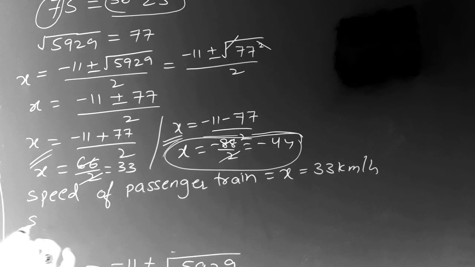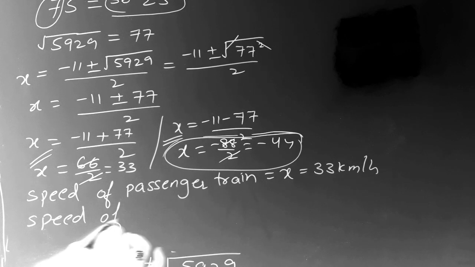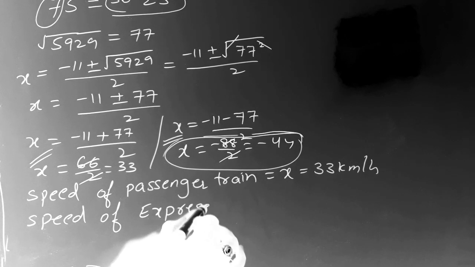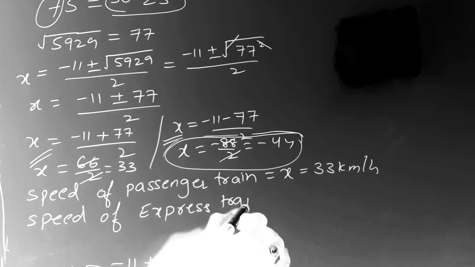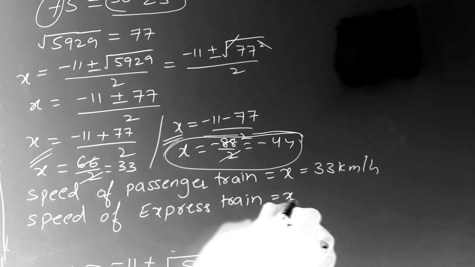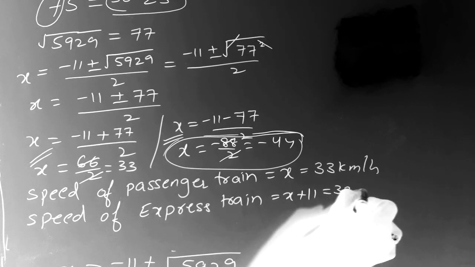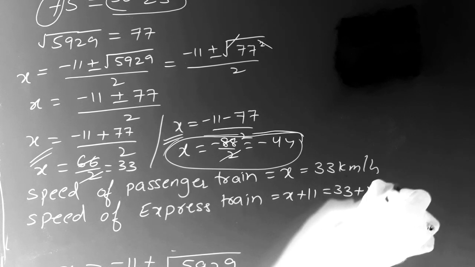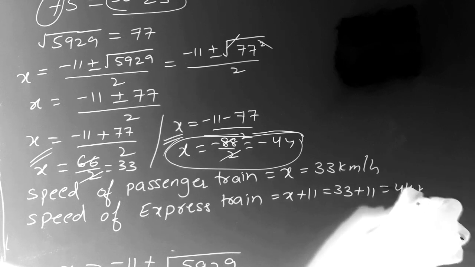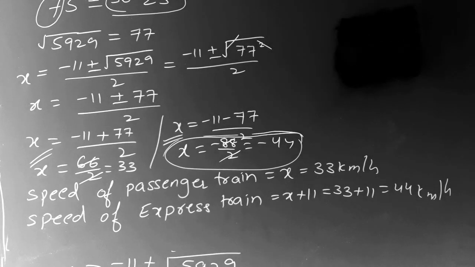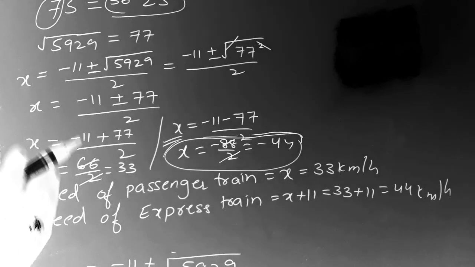Speed of express train now, that is equal to x plus 11. So 33 plus 11, that is 44 kilometer per hour. So these are the two answers.